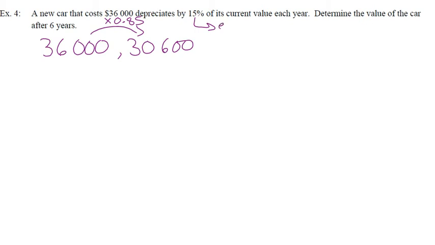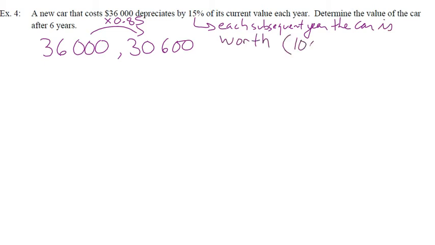So each subsequent year, the car is worth 100% minus 15%, which is 85%, which as a decimal is 0.85.